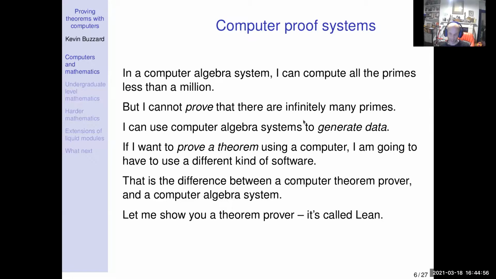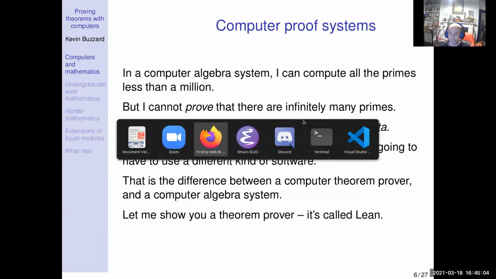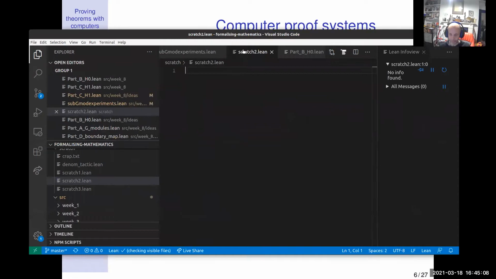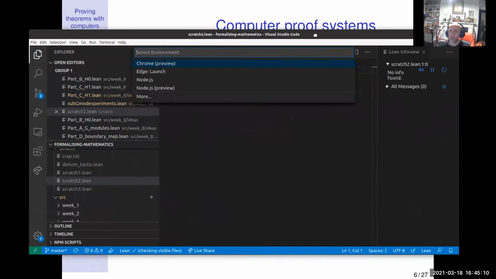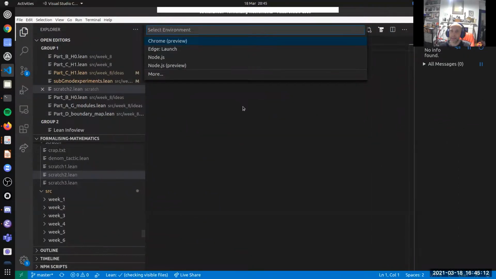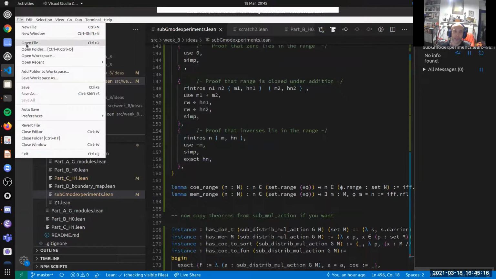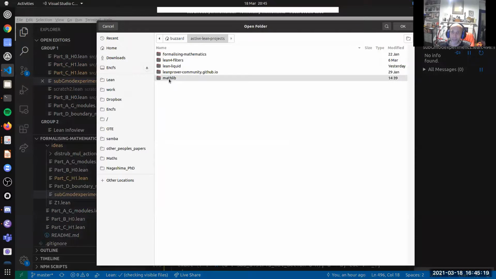So let me just show you what this thing looks like. Let me show you some Lean. How am I going to do this? There we are. Let's full screen this, and let's go to... Oh, let's open the repository.